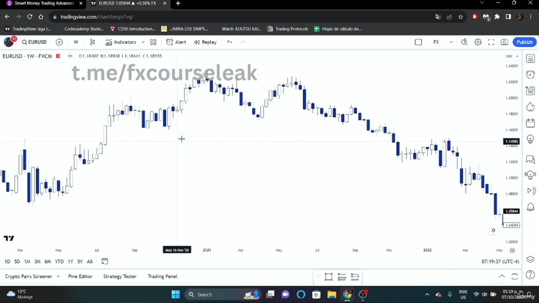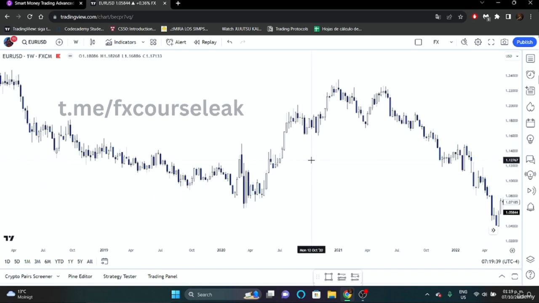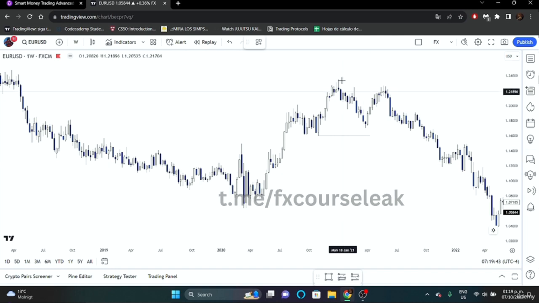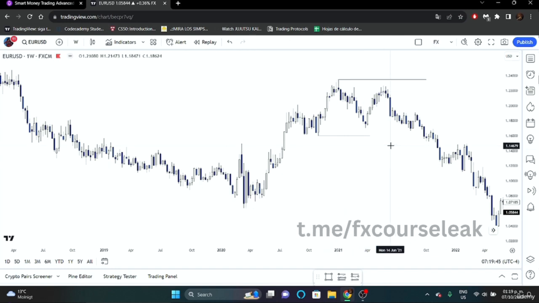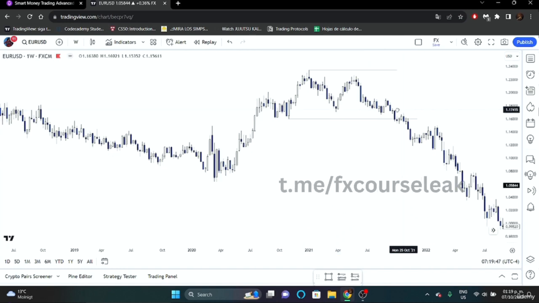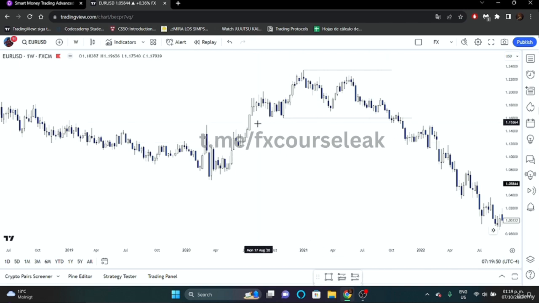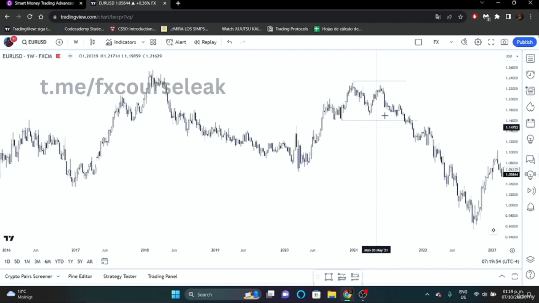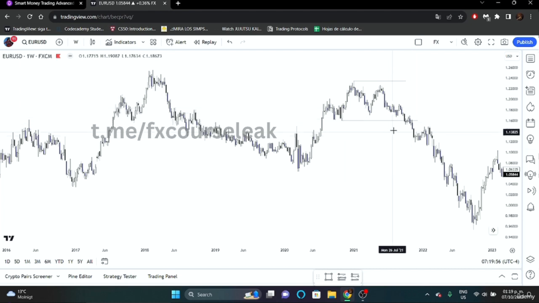So in this case we have our market structure from here to here. Once the market structure is broken to the downside right here, we change our trend.